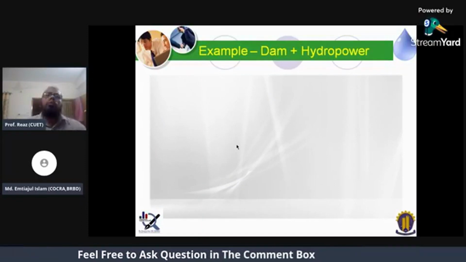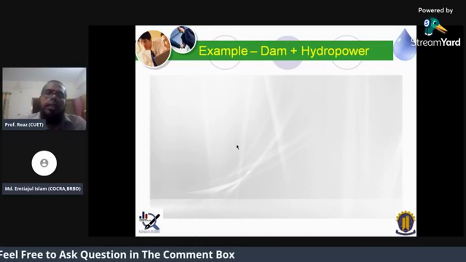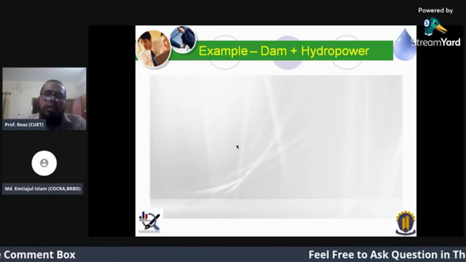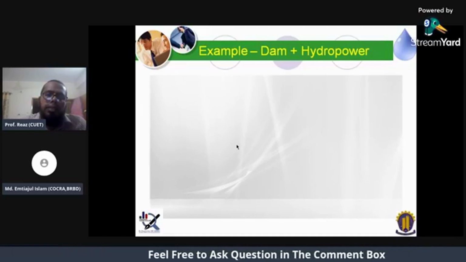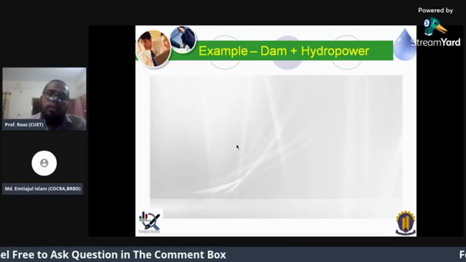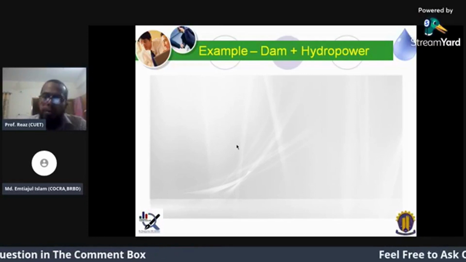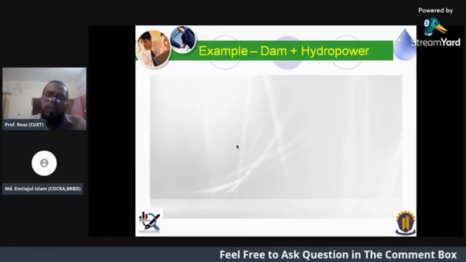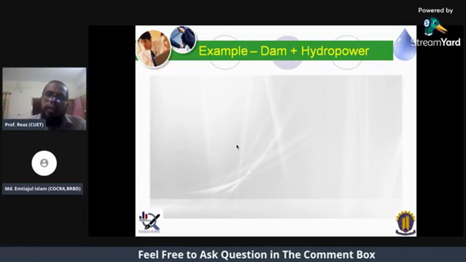I will just give one example, the dam and hydropower. That was, in fact, a very interesting water development part in the 1970s and 80s. Almost every country wanted to build dams and make hydropower. So how was water managed from the dam and hydropower perspective?